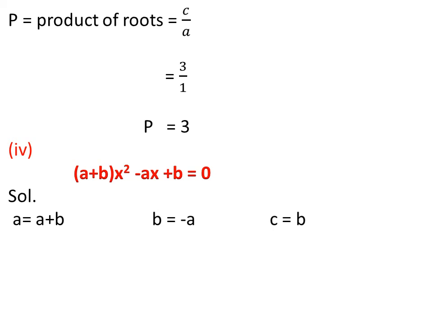For finding the sum, we will write s equal to minus b over a, and by putting the values of b and a in this equation we get minus into minus a over a plus b, which is equal to a over a plus b. Similarly, for finding the product, we will write p equal to c over a. By putting the values of c and a in this equation we get b over a plus b, which is the product of the roots of the given equation.